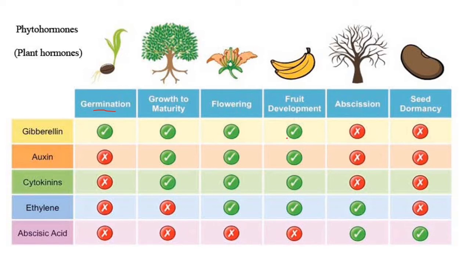Fruit development also involves gibberellin, auxin, cytokinin and ethylene, but the inhibitors are ethylene and abscisic acid. And last one is seed dormancy, which is abscisic acid. So this is the life cycle of the plant, from germination until seed dormancy. After germination, the plant grows to maturity, and then flowers, forms fruit, and abscission, and last one seed dormancy.